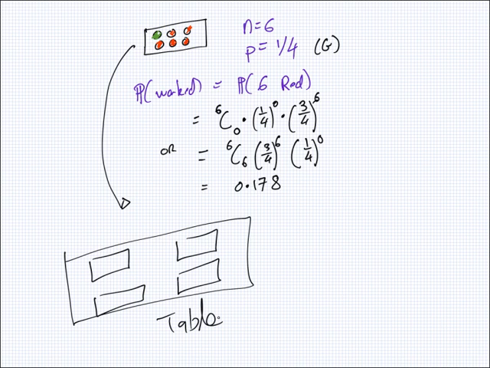Each of these is one of these. And the question I now ask is, what is the probability that it worked for 2 students? So 2 of the students had success and 2 of the students had failure.